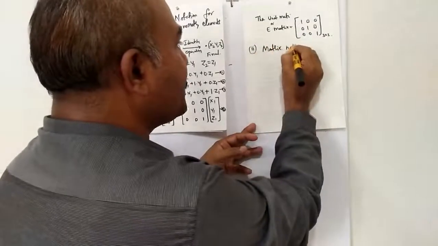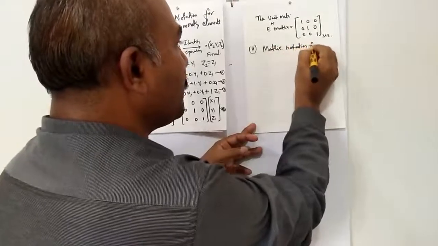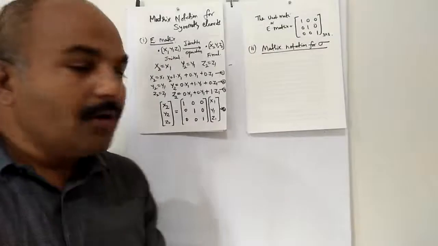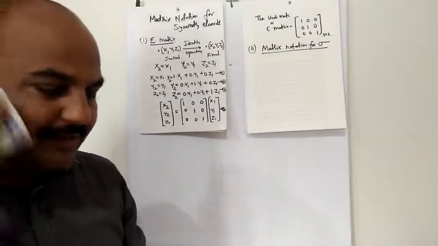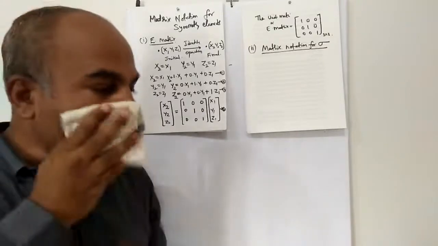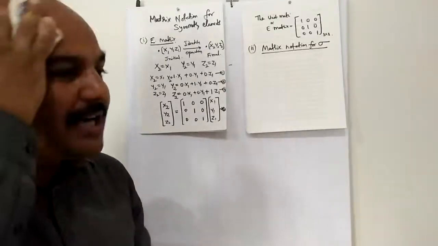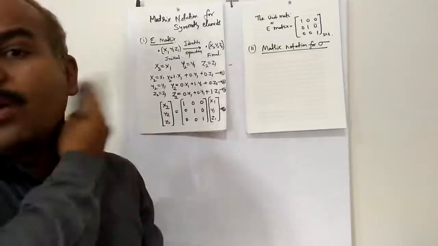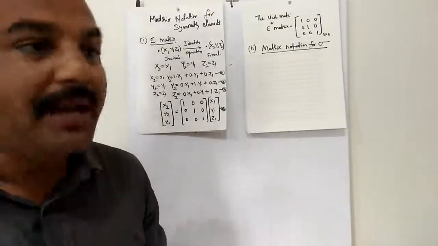Matrix notation for the sigma matrix. So we have to find what is the plane of symmetry, how to take a reflection plane. Then we have to work out what changes will happen for the initial coordinates x1, y1, z1 of point P.